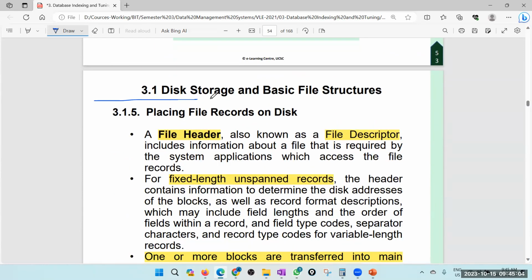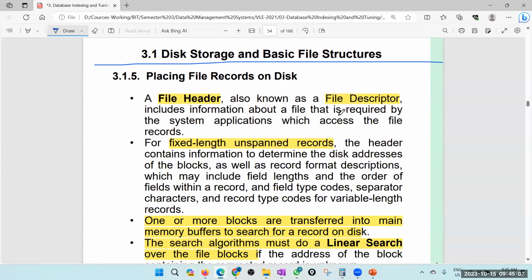Any questions? So this is our assumption we did. Fixed length, unspanned. Unspanned means a record cannot be in two blocks.